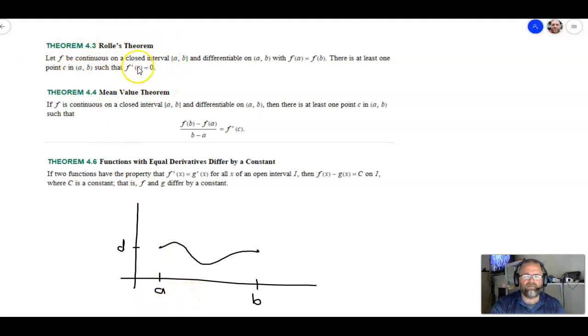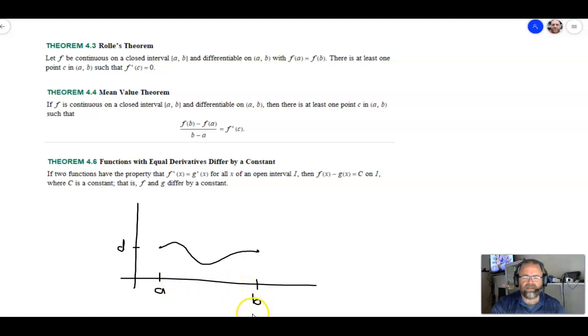What this theorem guarantees us is that there's at least one x value in this range here such that the function evaluated at that x value is going to have a slope of 0.